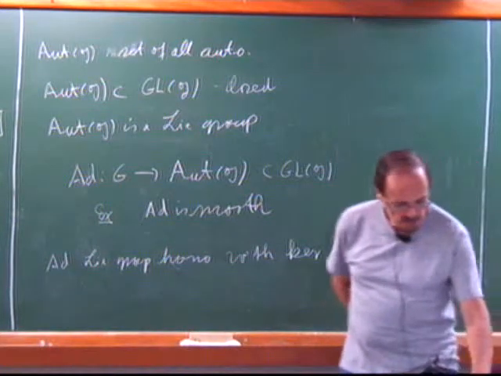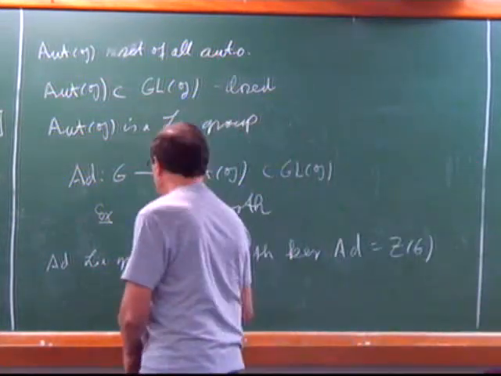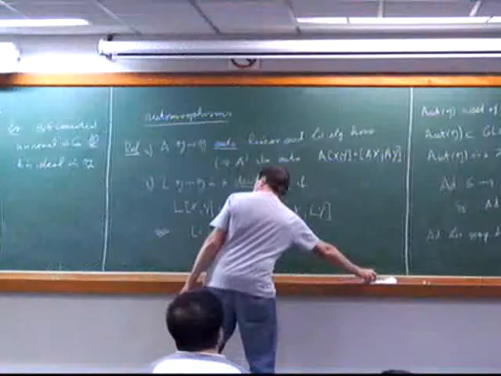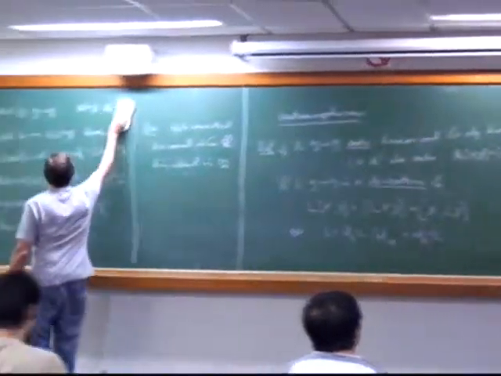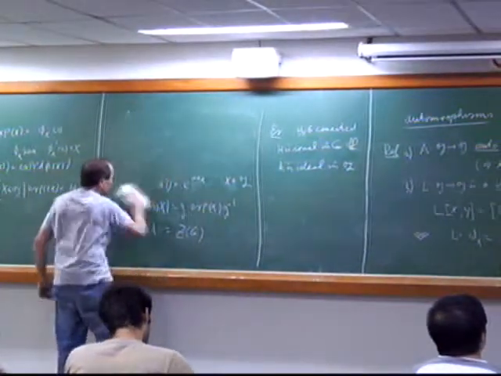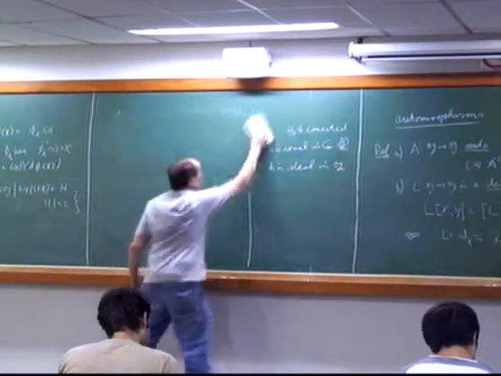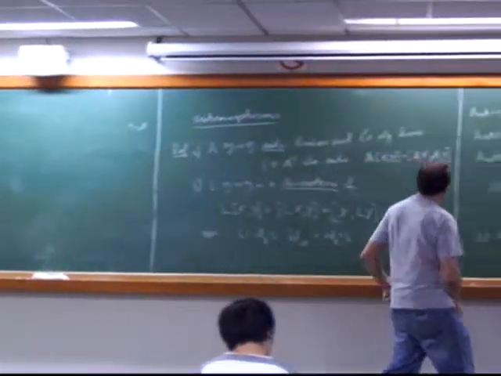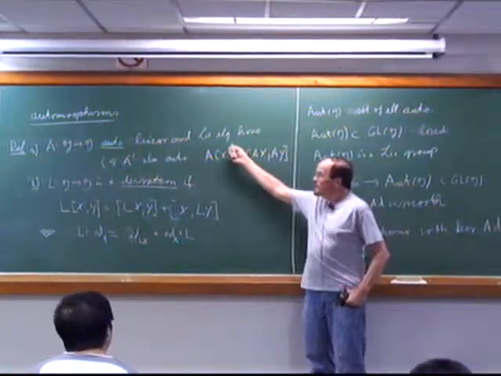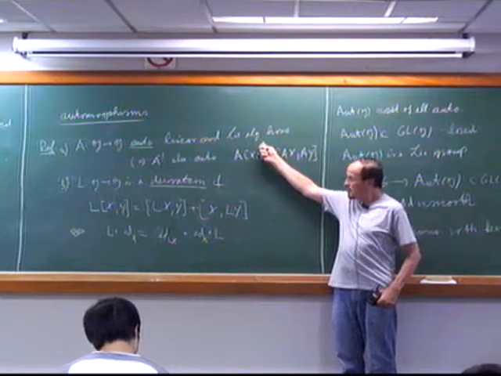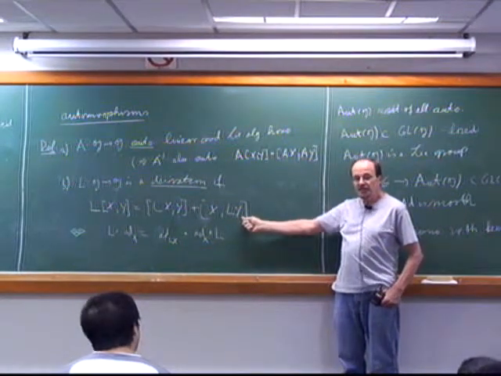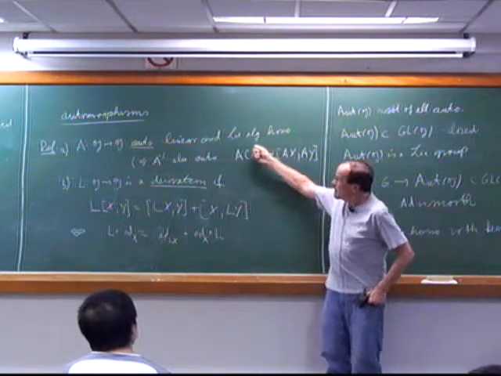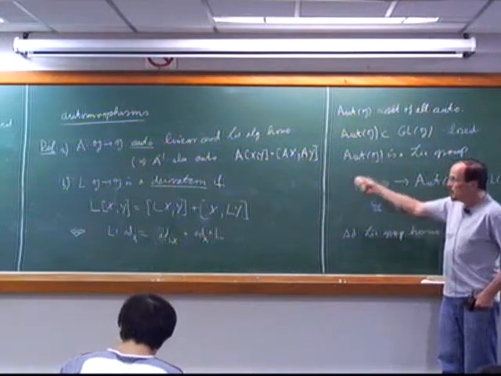Okay, so the relationship between automorphisms and derivations. It's kind of the way these relationships usually are. A general principle in all of mathematics: if you have something that respects the Lie structure, then if I differentiate, I get a derivation. So there's an obvious relationship. You might guess that Aut(g) is a Lie group, and this should be its Lie algebra.